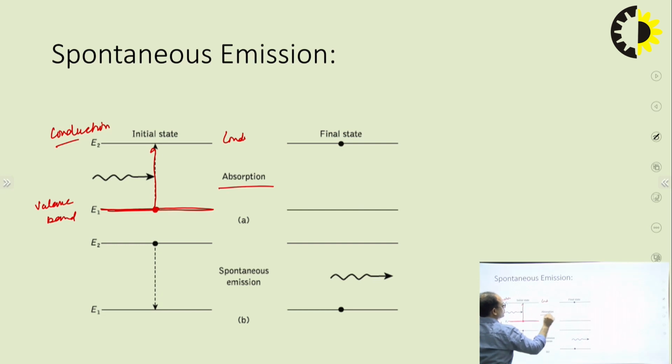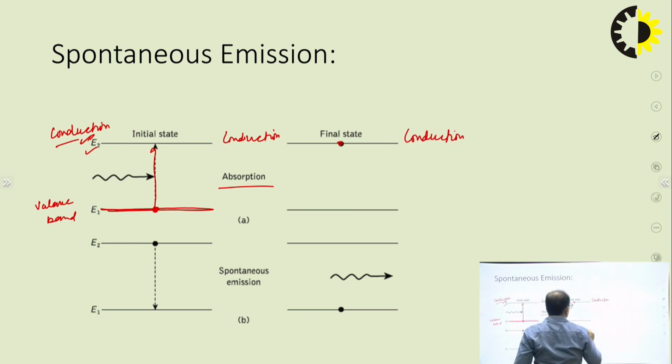This process is known as absorption, because it absorbs the energy. By absorbing the energy, the electron gets excited and moves to the higher energy level E2, and the energy should be greater than E2 minus E1. So after absorption, the electron is excited into the conduction band.